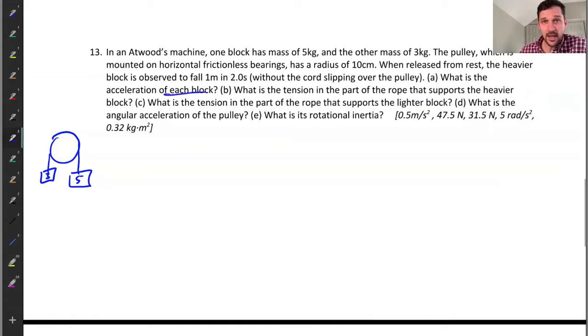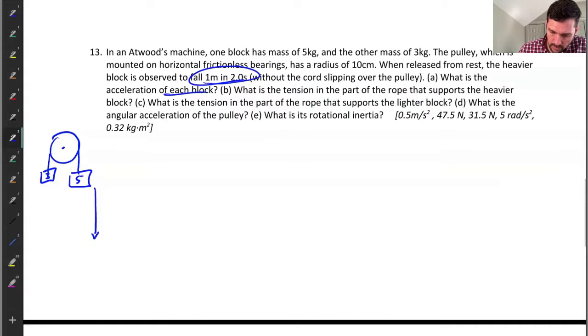Well, since they're tied together, the acceleration of one block and the other block is going to be the same. And so we're given actual kinematic information about one of the blocks, which would then pertain to the other block as well. They're constrained to each other by a non-stretching cord.